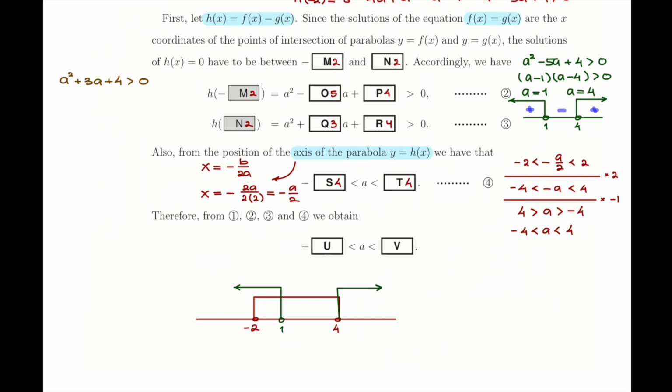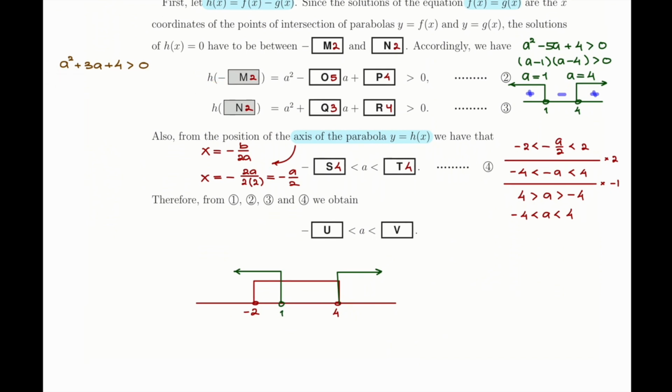If it cannot be factorized, that means I can check whether this inequality has no solution or the solution is x is a real number. How to know? I will find the discriminant, b square minus 4ac. If you calculate the discriminant, you will get 9 minus 16, which is negative 7.